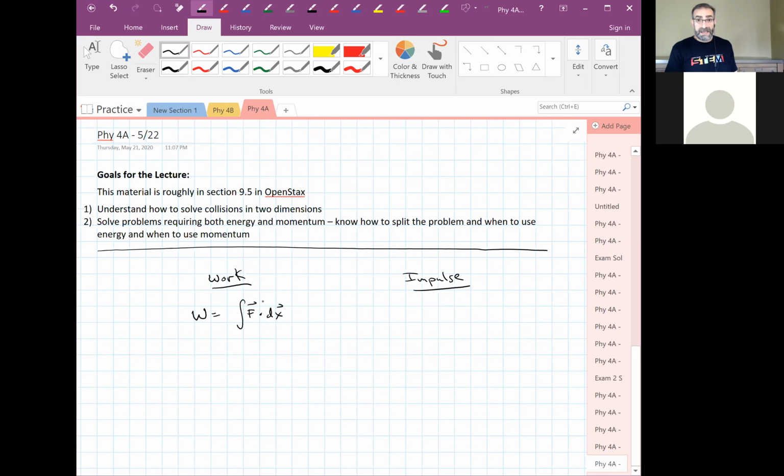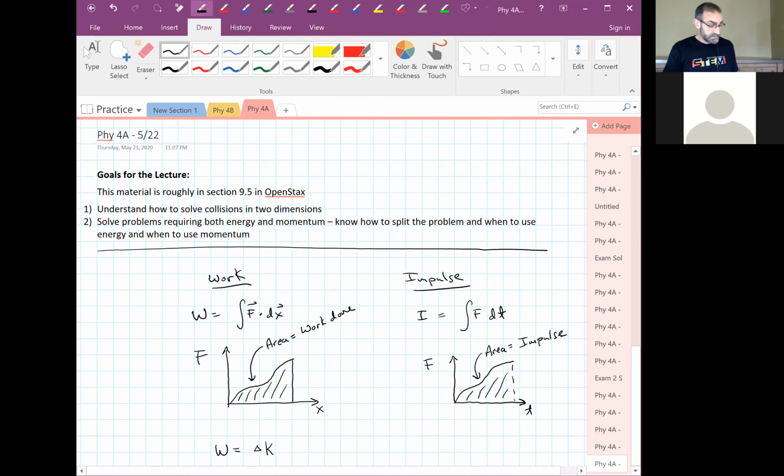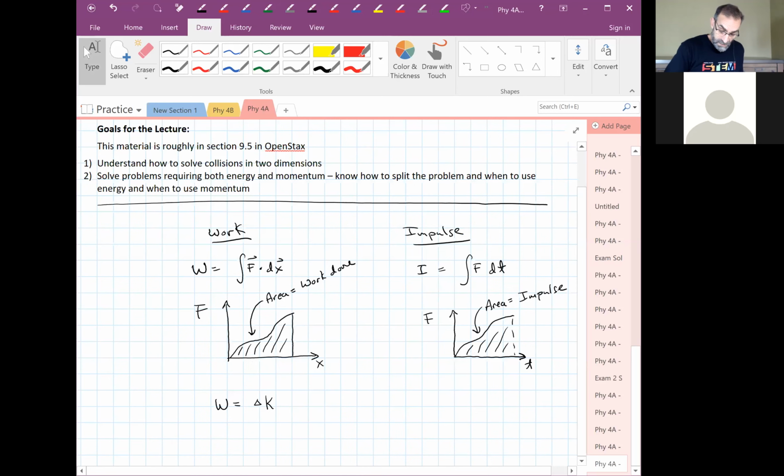If we look at force versus time, it's the area under that curve. This is a vector quantity. Impulse is change in momentum.